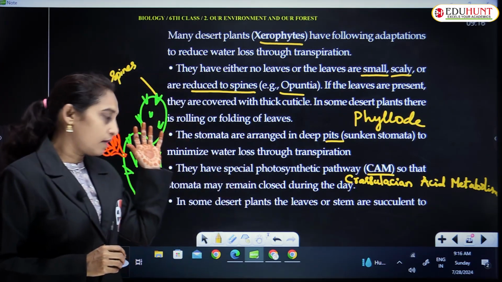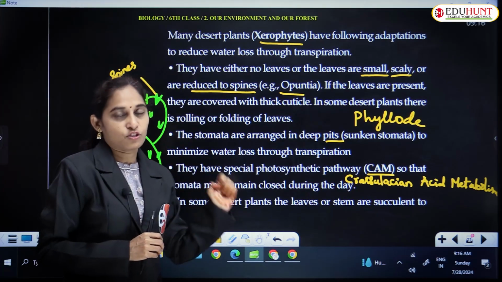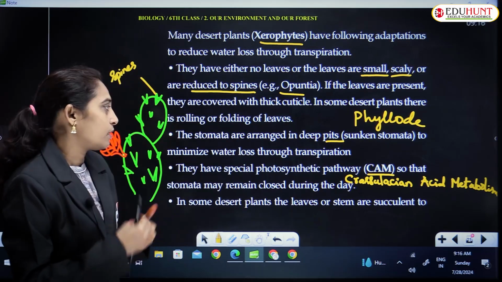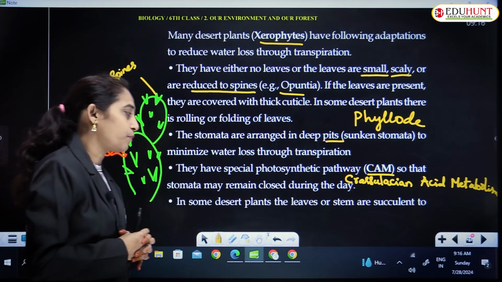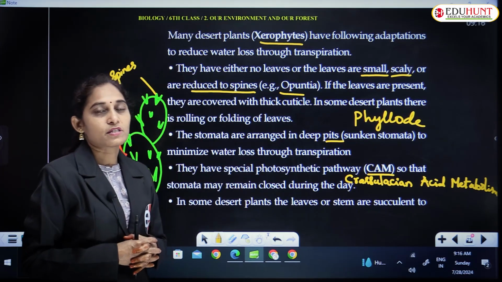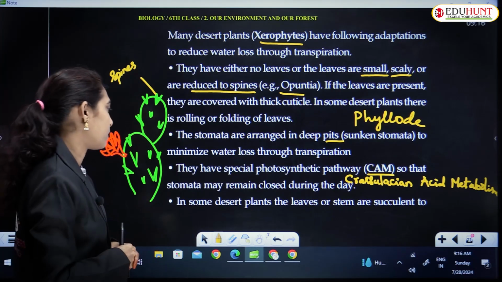But in xerophytes, where they face a water deficit situation, to meet the demand for water, they perform a special, extraordinary photosynthesis known as the CAM pathway, that is crassulacean acid metabolism.